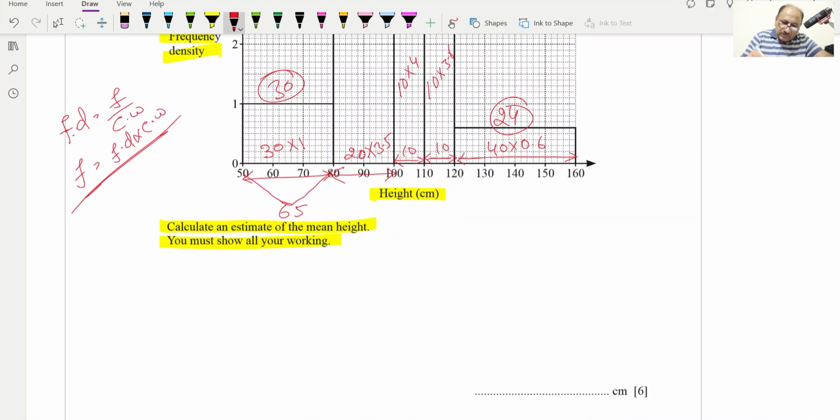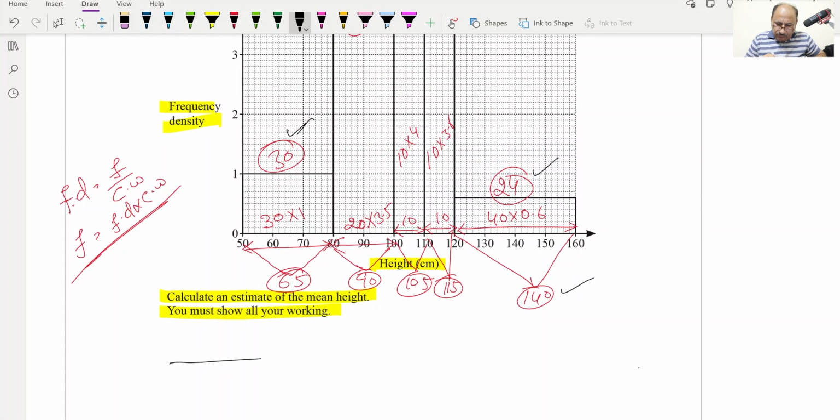Similarly, the mid value of 80 and 100 is 90, the mid value of 100 and 110 will be 105, the mid range of 110 and 120 is 115. Similarly, 120 and 160 will be 140. So these are the mid ranges which we have checked from here.